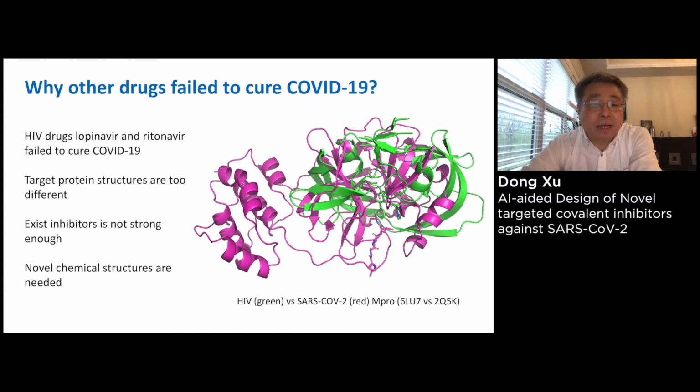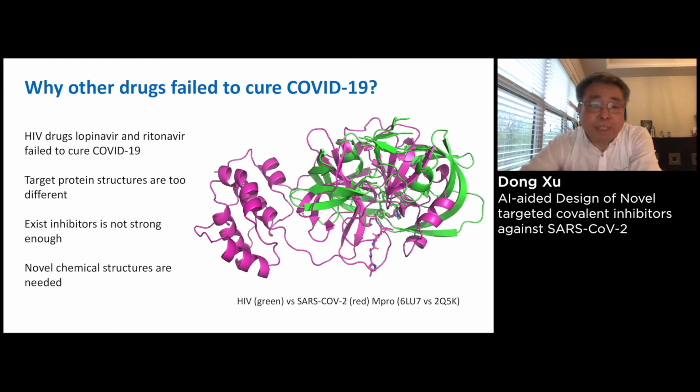People also tried other inhibitors. So far there are some promising candidates, but there is still no proven drug against COVID-19. That is why it is probably effective to design some novel chemical structures.